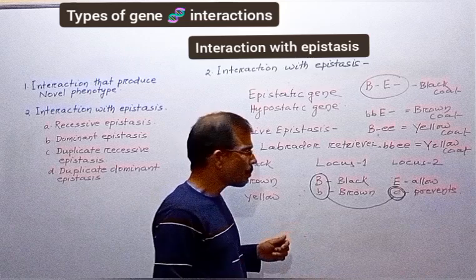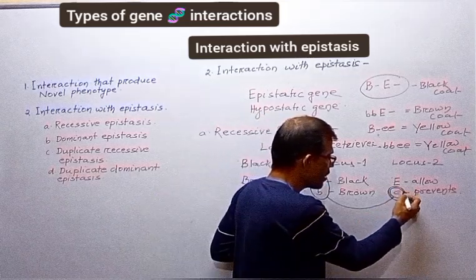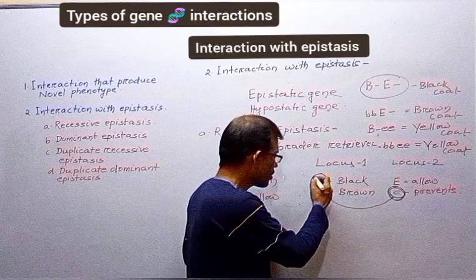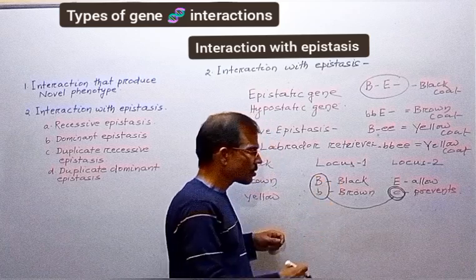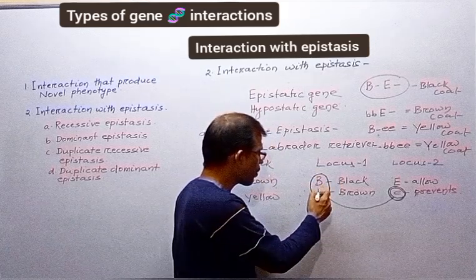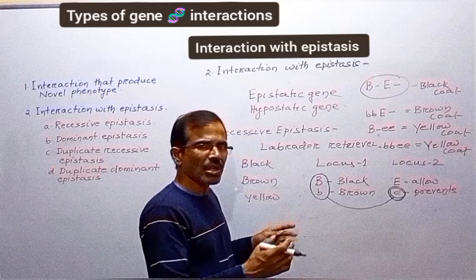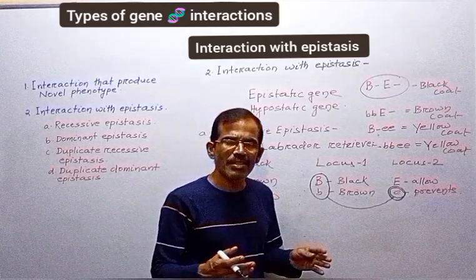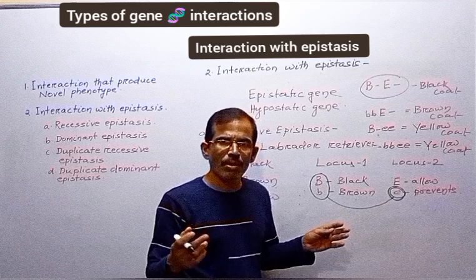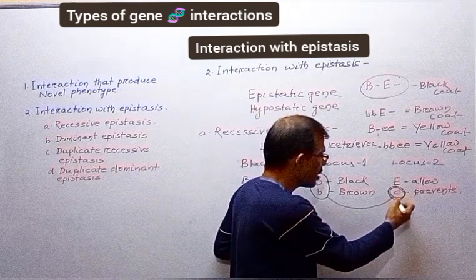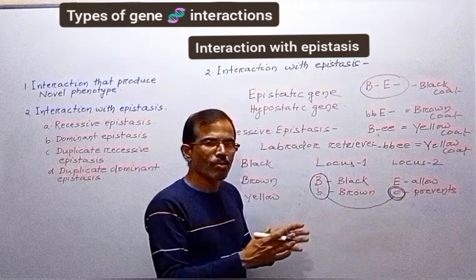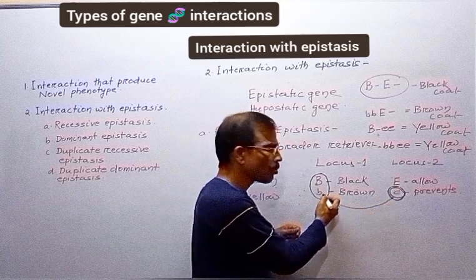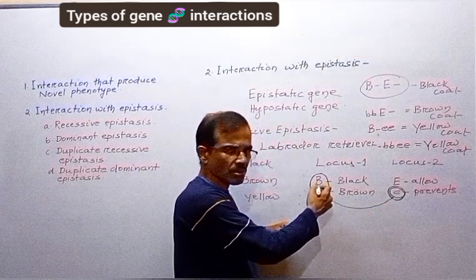In this example, the recessive allele of one locus is epistatic to both the alleles of the second locus. So the alleles for black and brown pigment are hypostatic. Such type of interaction is known as recessive epistasis because the recessive allele when present in homozygous state prevents the expression of both the alleles of the other locus.